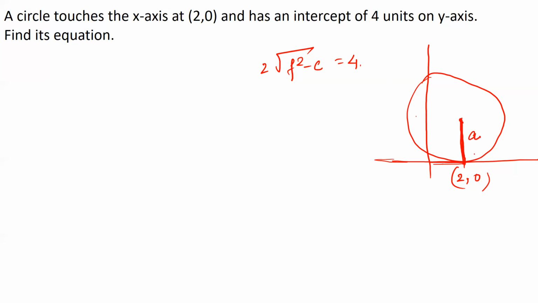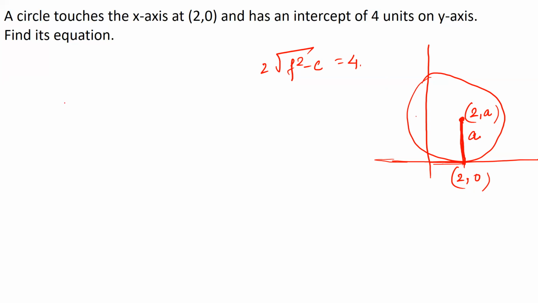Suppose the radius is a units, so my center is actually 2 comma a. Why? Because this point is 2 comma 0, so this length is 2, and I've assumed radius to be a. So to reach the center, I move 2 units on the x-axis and a units on the y-axis. So the center is 2 comma a and my radius is a.